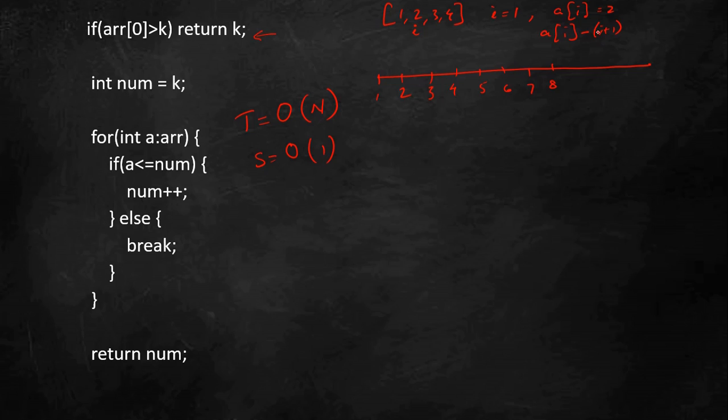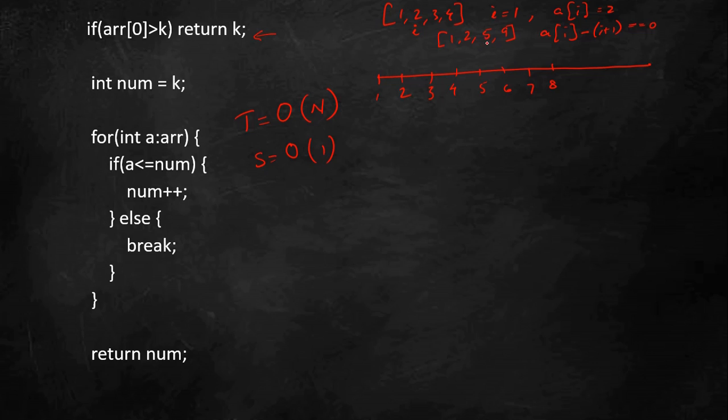if it is equal to 0, that means there is no missing number. So here a of i is 2, i is 1, 1 plus 1 is 2, so 2 minus 2 is 0. Then there is no missing number. But let's say my array is something like 1 2 5 9.